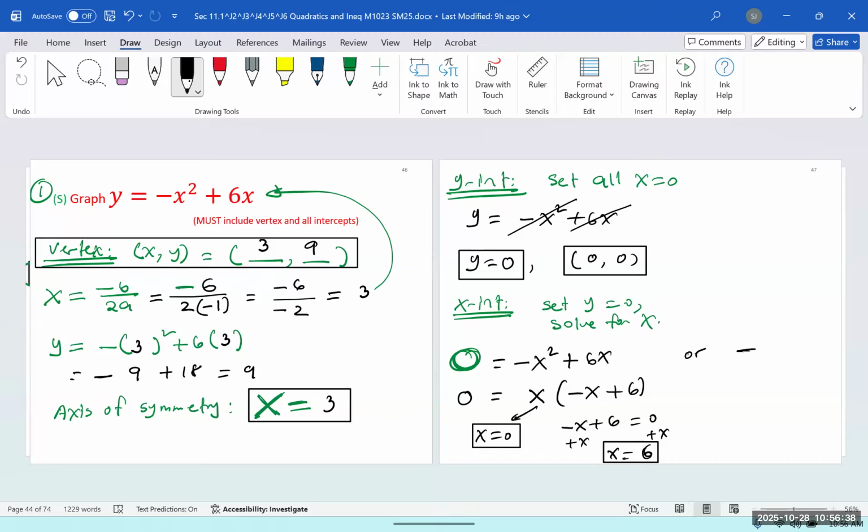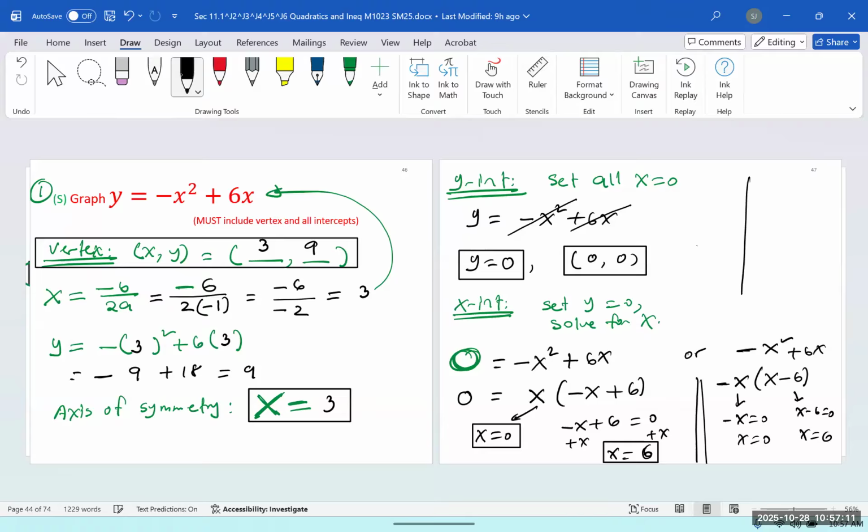So one of the x has to be negative. So you can pull out a negative x and you get x minus 6. So negative x equals 0 gives you x equals 0, and x minus 6 equals 0 gives you x is 6. They both are correct.